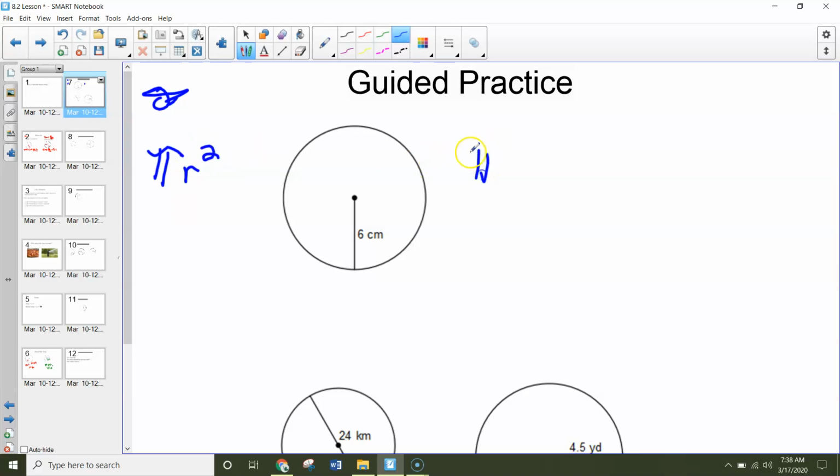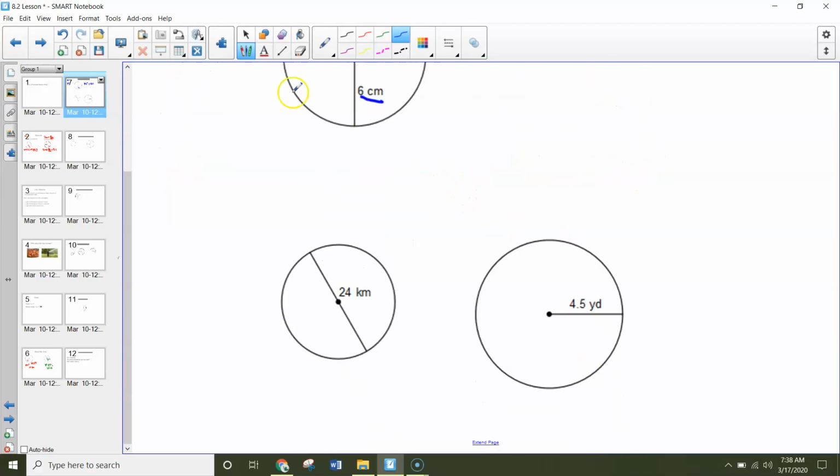So I've got pi, my radius is 6 squared. And so that gives me 113.1.